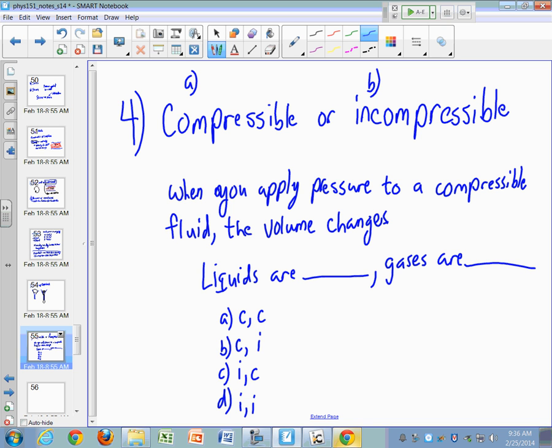C means compressible, I means incompressible. To answer that question, fill in the blanks. Liquids are either compressible or incompressible. Gases are compressible or incompressible. What's the right combination?